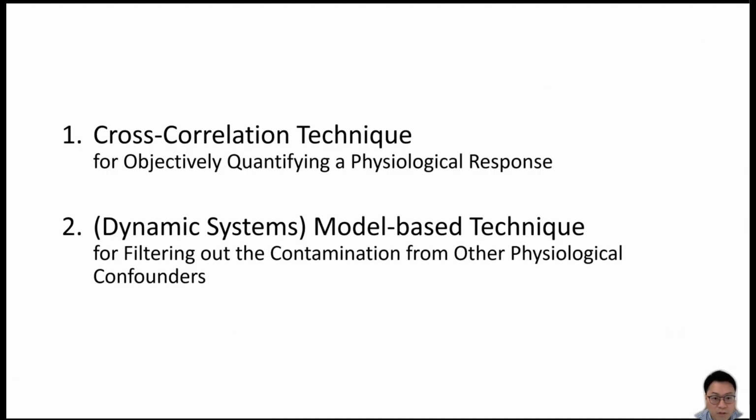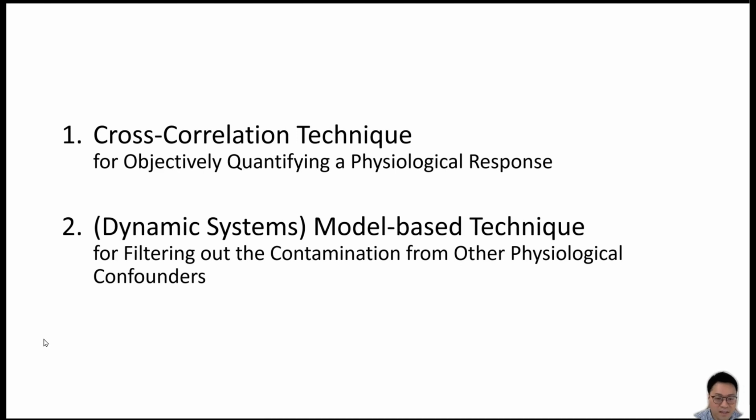Okay, so we'll focus on two techniques. First one is the cross-correlation technique with a real-life application. And of course, this is to objectively quantify any physiological response to some kind of stimulus. This will include moving window correlation, followed by a method called bootstrapping for statistical analysis to determine how significant your response was.